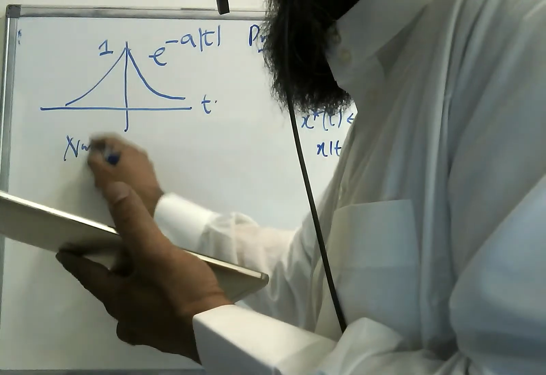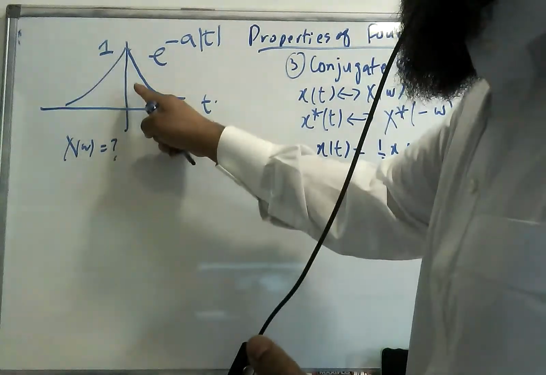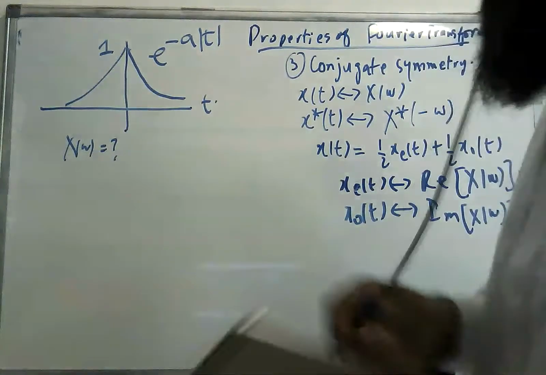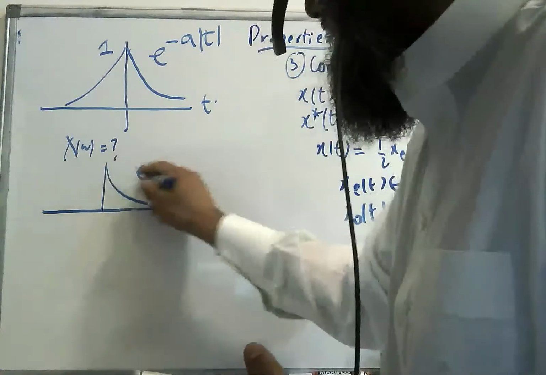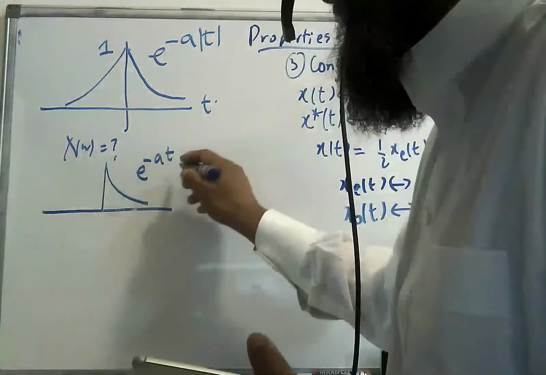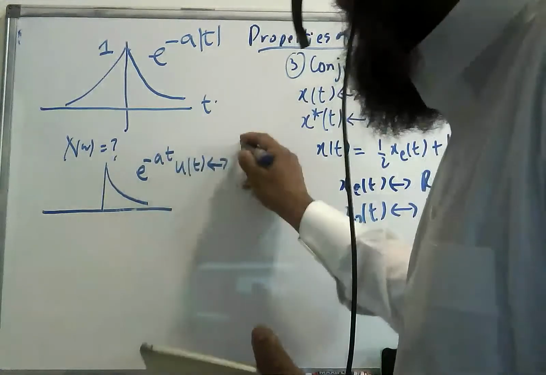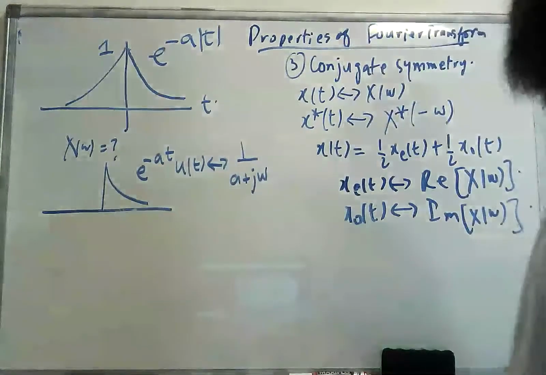Now I know from my previous results that this is an even function. I know the Fourier transform of the exponential e raised to the power minus a t u of t is 1 over a plus j omega, and it's a complex number.